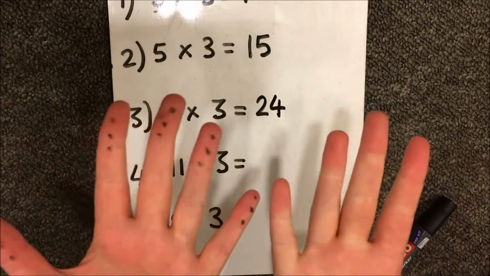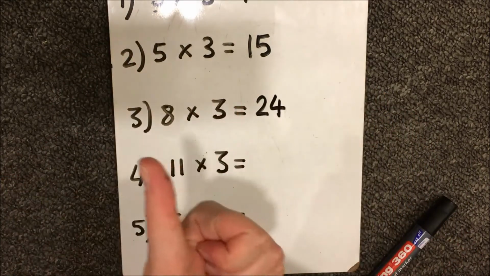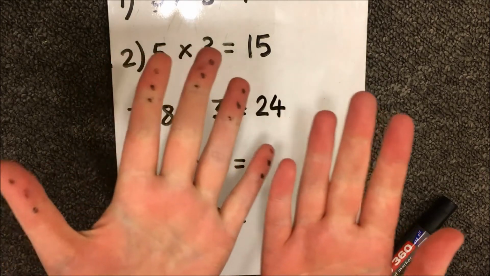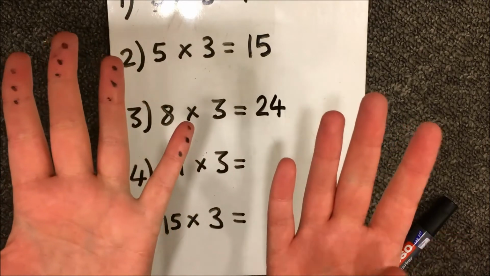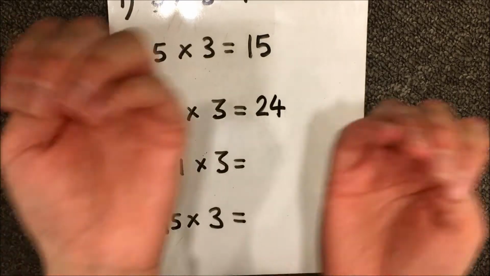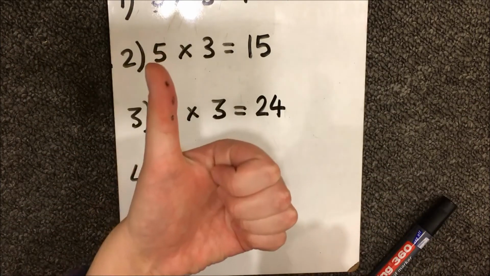11 times 3. I don't have 11 fingers, but I know that 10 add 1 is 11, so I could go to 10 times 3 and then do another one. Let's try that. 3, 6, 9, 12, 15, 18, 21, 24, 27, 30. That's 10 times 3. After 30, 33.